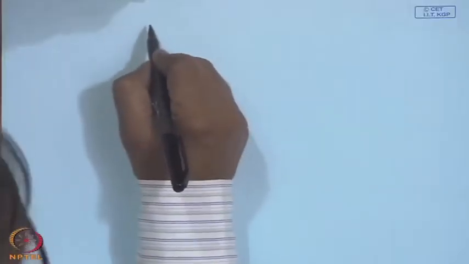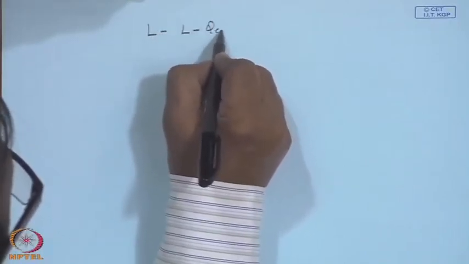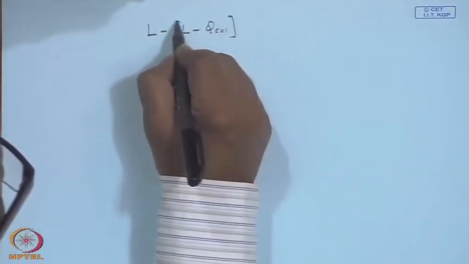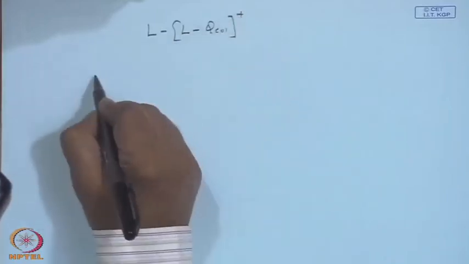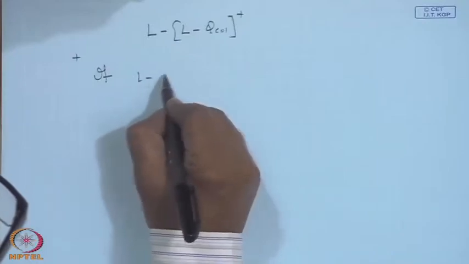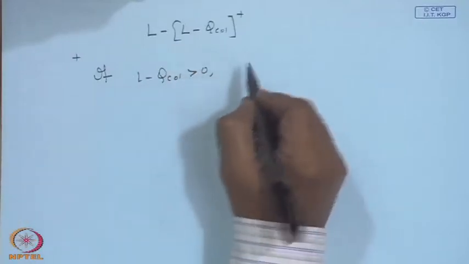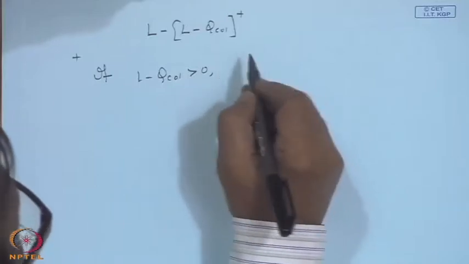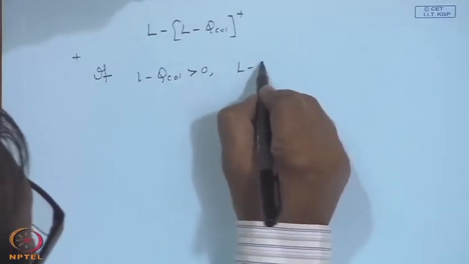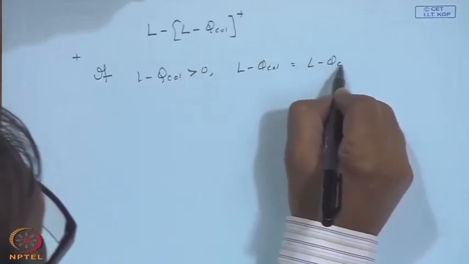What all we are trying to say is L minus Q col superscript plus, which means if L minus Q col is positive, you take that. So, L minus Q col equal to L minus Q col.